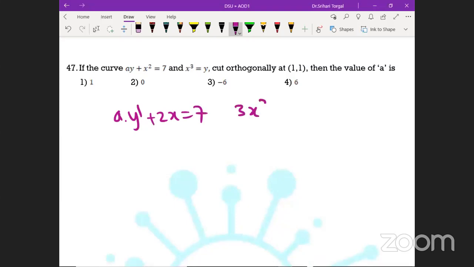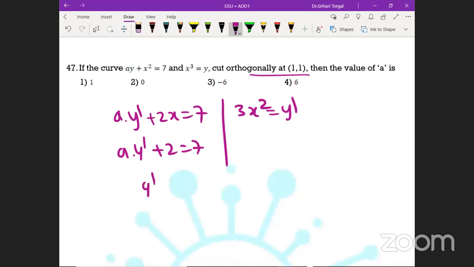And this is 3x square is equal to y dash, right? And if I put x equal to 1 and y equal to 1 here directly, what do you get? A into y dash plus 2 is equal to 7. Y dash is equal to 5 by a. And if you put x equal to 1 here, you will get y dash is equal to 3.